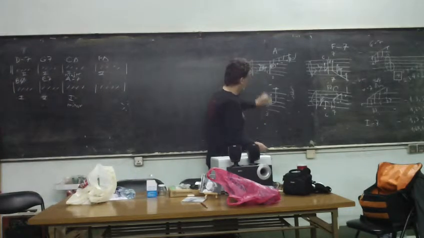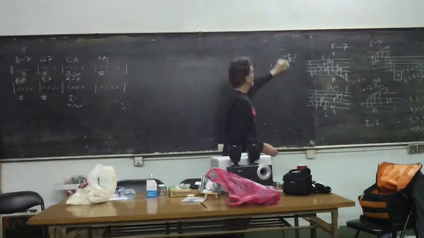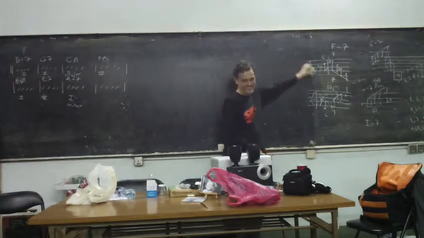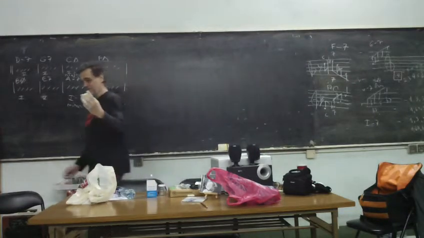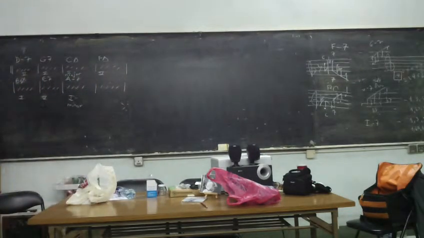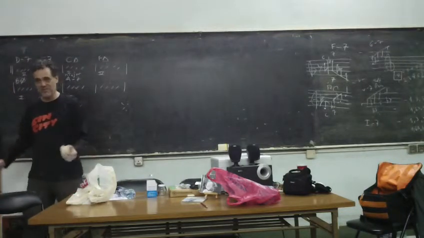So, in the 60s, in the United States, some guys identified 3 scales with chromatic notes, passing notes, and they gave names to those scales. They call them the bebop scales.